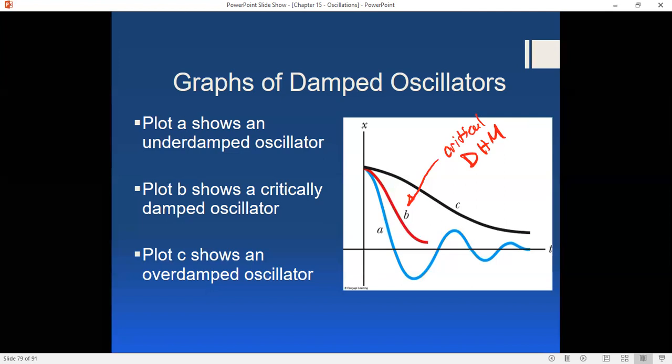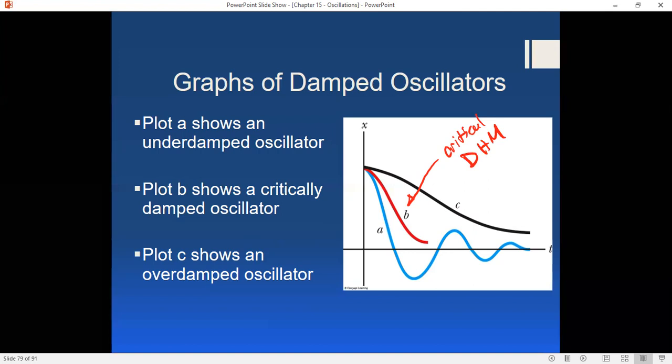That is a case where we have a system where we want it to return to equilibrium as much as possible. We don't want it to oscillate like it does in the underdamped system. We don't want it to slowly return to equilibrium. We balance those two out, well, the damping and the restoring. We return to equilibrium in the shortest amount of time.